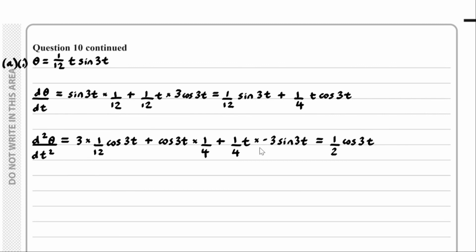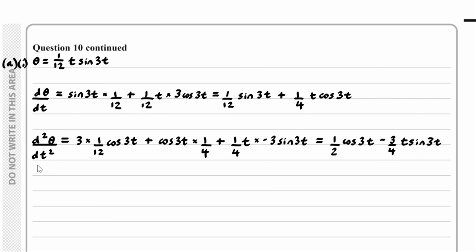And then I've got a quarter t times minus 3 sine 3t, which is the same as minus 3 quarters t times sine 3t. So that's what d squared theta over dt squared is.